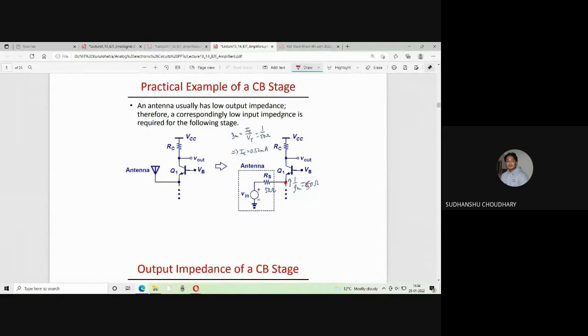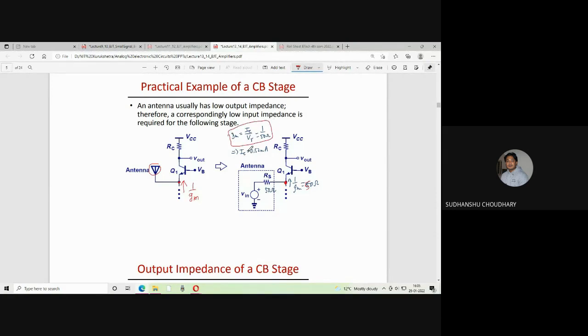So here is a practical example of a common base stage being presented, where the output of an antenna is connected at the input on the emitter side. On the emitter side, we had seen that the impedance is 1 by Gm. So looking into the emitter side, the impedance is 1 by Gm, and Gm is given by IC by VT.